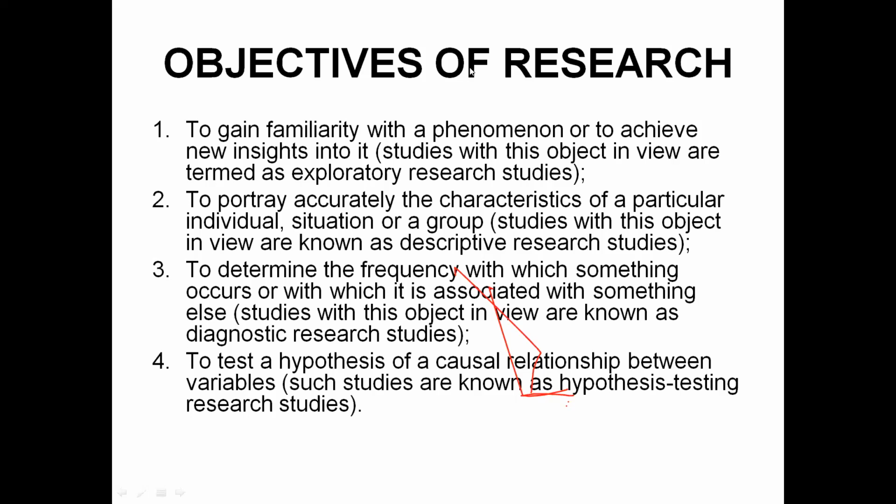Cause and effect relationship, as I told you: the cause here is supply, and the effect will be reflected in the demand. The cause is advertisement, which will be reflected in the sales, that is the effect.